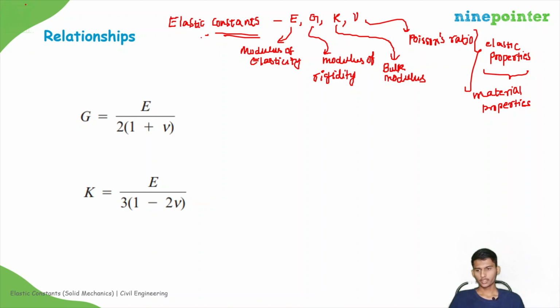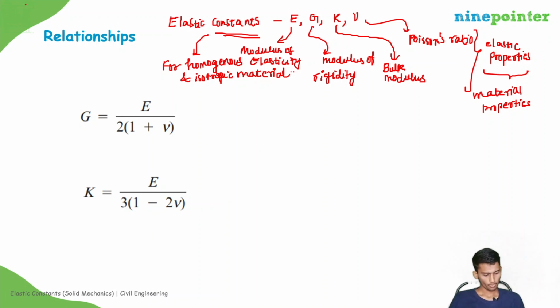No. But for homogeneous and isotropic material, these have a single value throughout the material, right? I also said that in solid mechanics, we generally deal with homogeneous and isotropic materials. As in homogeneous and isotropic materials, we have single values throughout the element. So we can say these are elastic constants, at least for homogeneous and isotropic materials.